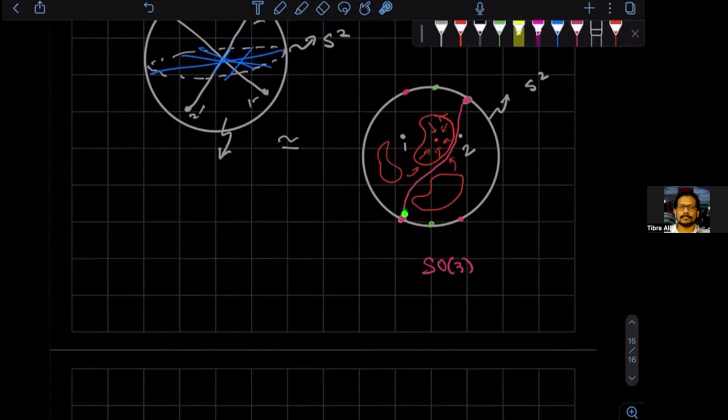So this loop is an example of a loop that cannot be reduced to a point in a continuous fashion. Because they have to be antipodal to each other the entire time. Exactly, because these points are the same point, right? So if you want to bring them together, it's impossible because they're by definition antipodal, right?